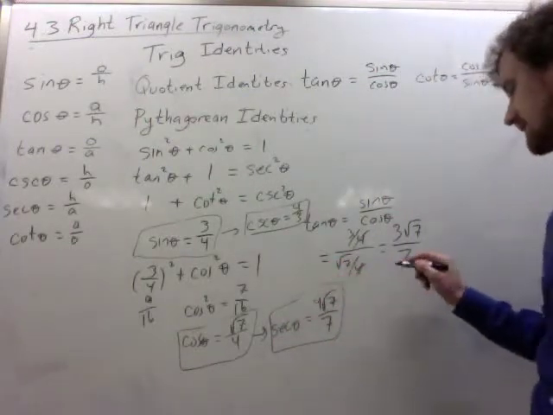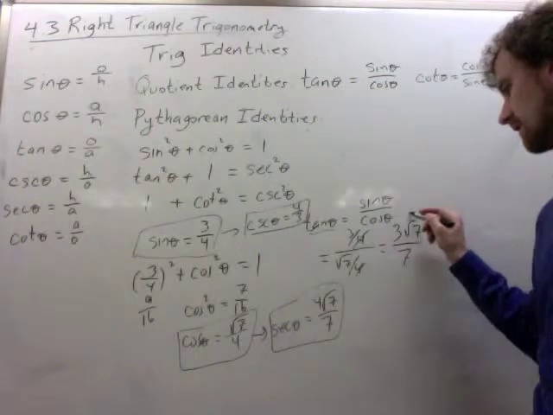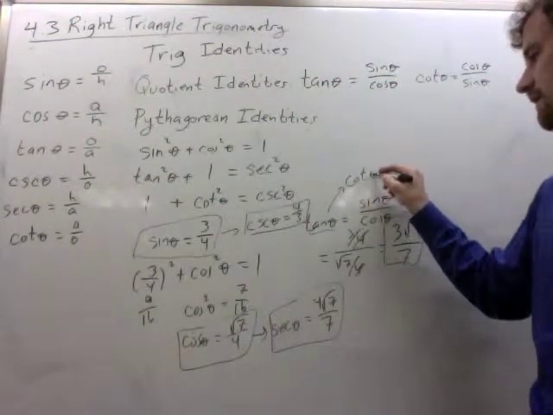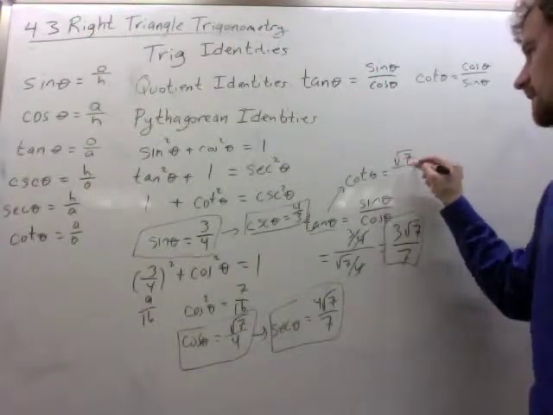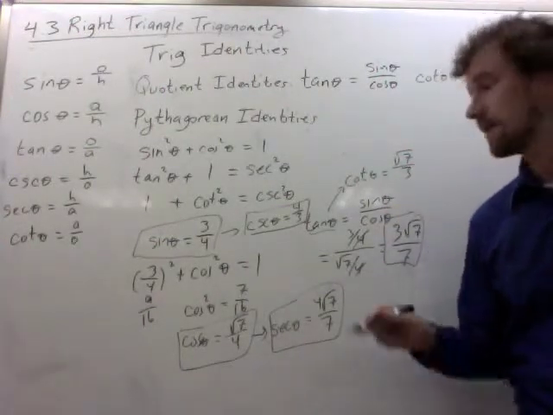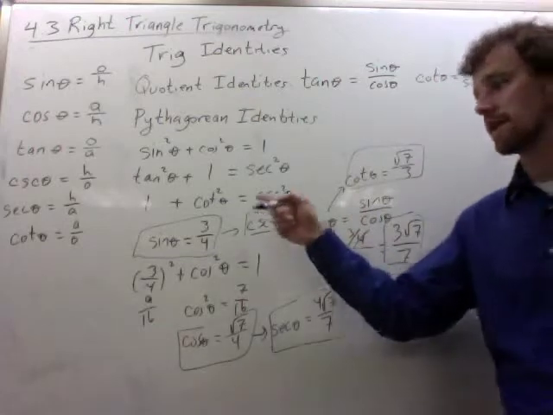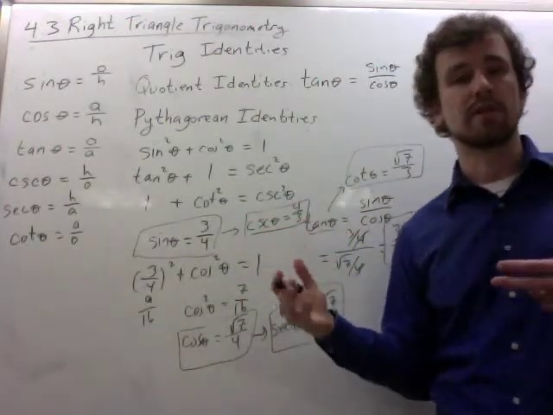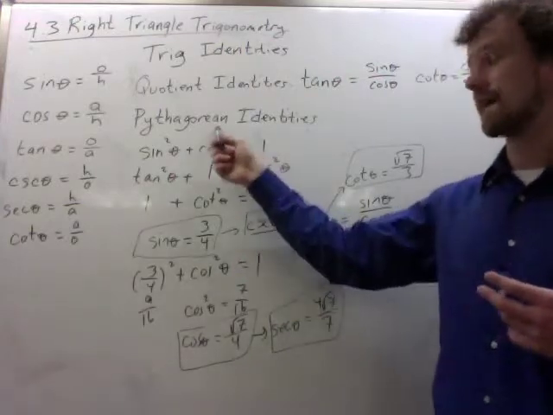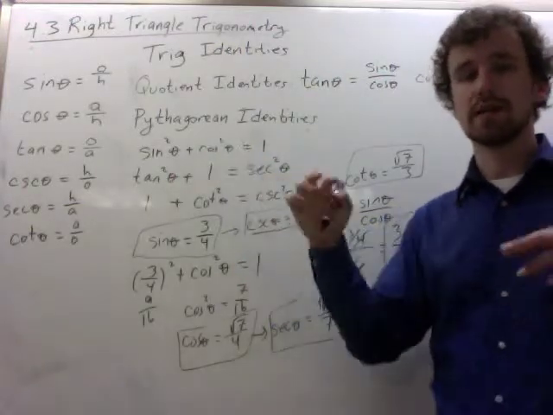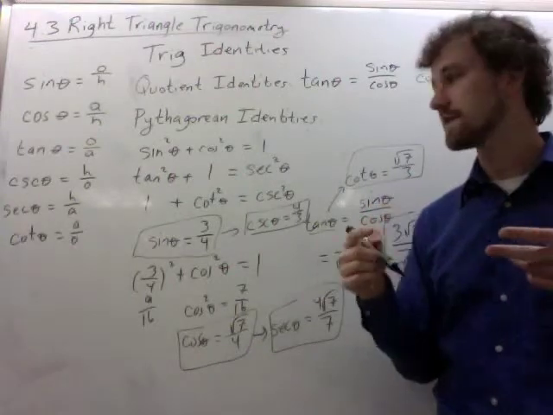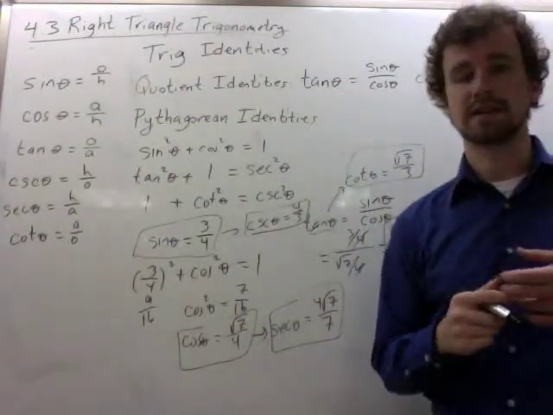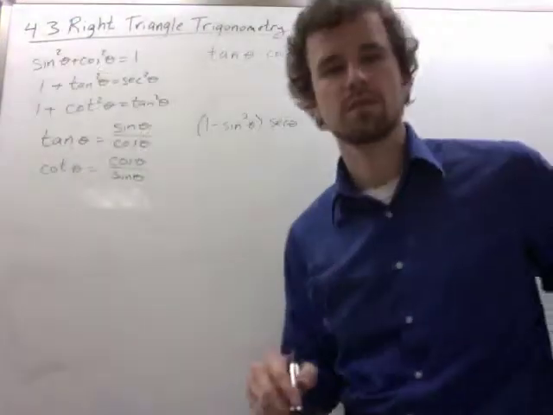And if tangent is 3 root 7 over 7, that means that cotangent is just root 7 over 3. So anytime you're given a trigonometric function of an angle, you can follow this pattern to figure out the other 5. You can use a Pythagorean identity first, then maybe take reciprocals if you need to, and then apply one of our quotient identities to get the last pair.